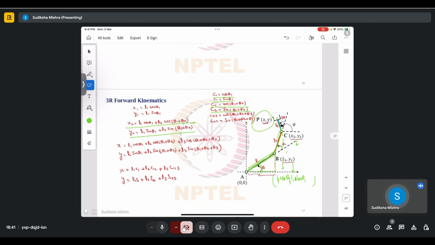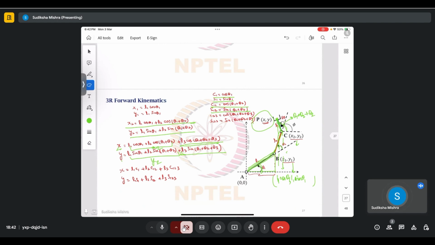Now, there is one more additional point where you need to add L3 cos of theta 1 plus theta 2 plus theta 3 into the x term to get finally here, and y becomes y2 plus L3 sin of theta 1 plus theta 2 plus theta 3.